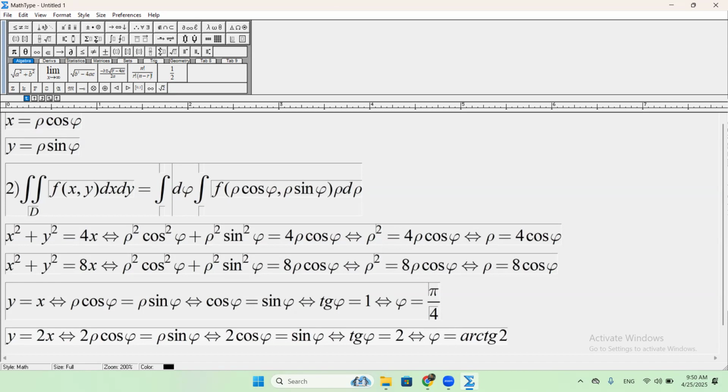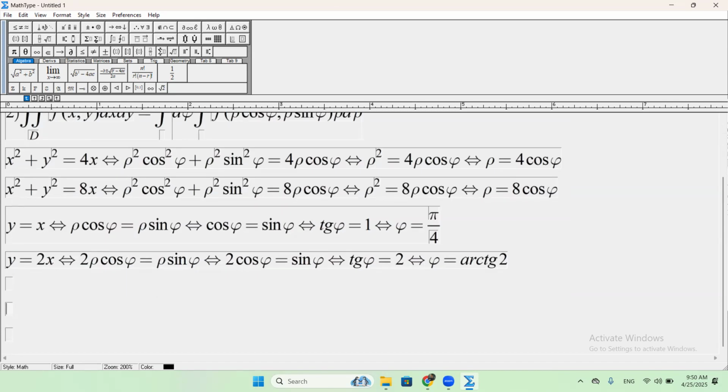So what are the limits of integration? In this case, phi changes from pi over 4 to arctangent of 2.